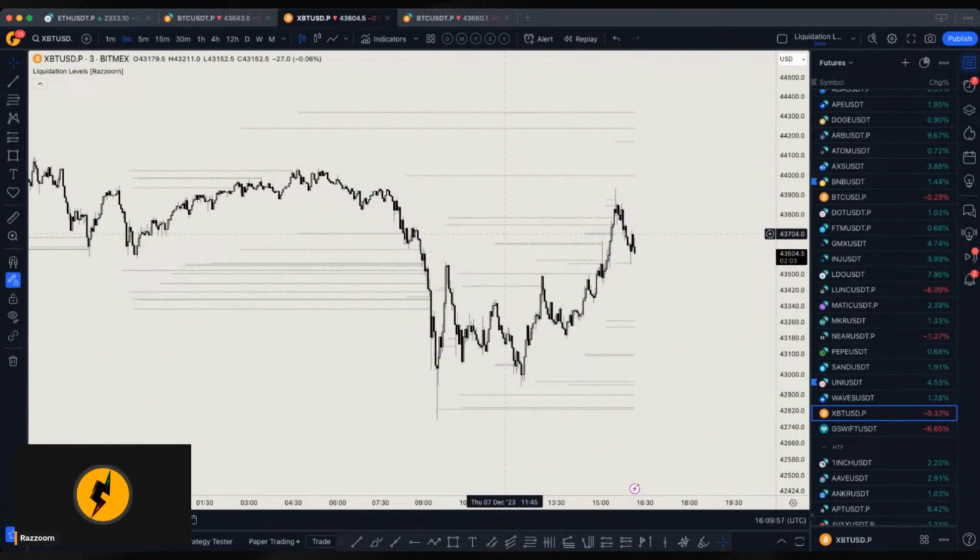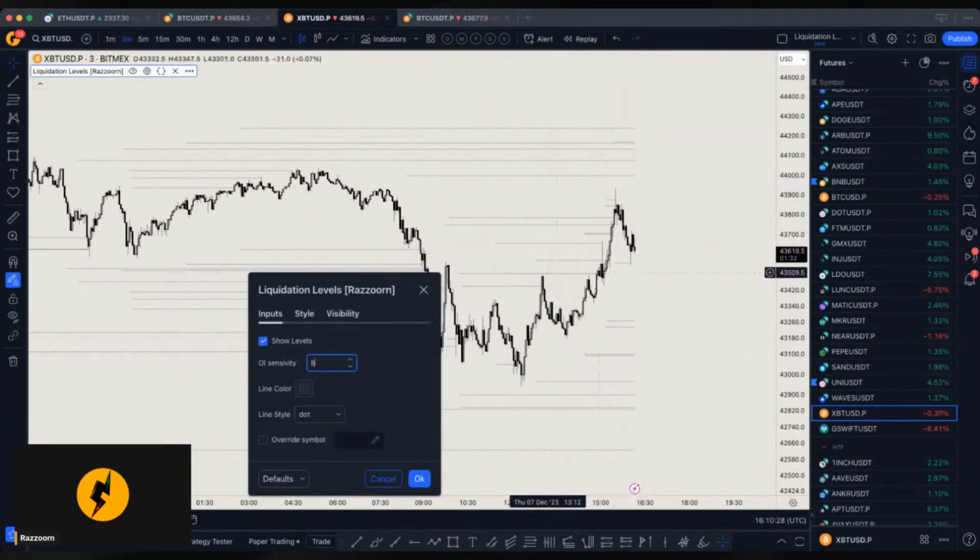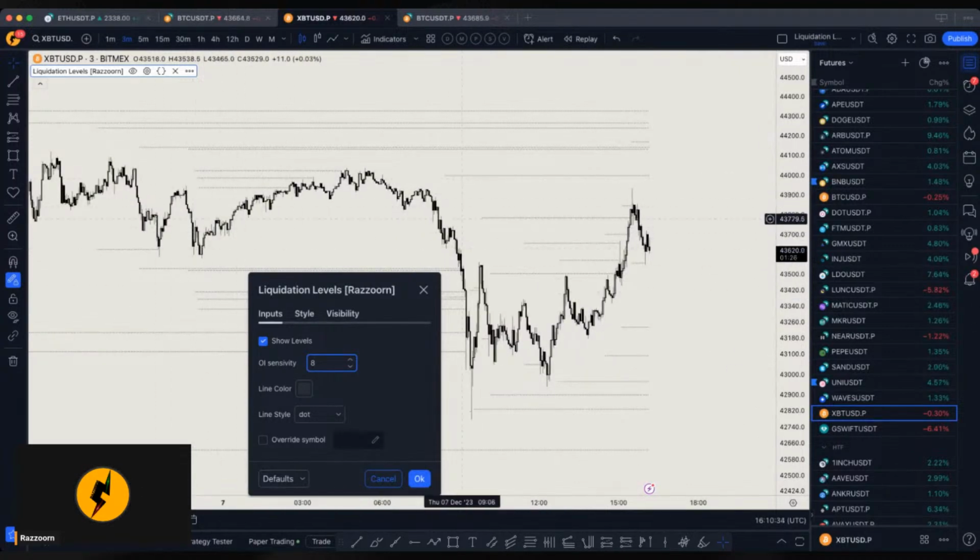Lately there are a lot of different tools that provide the liquidations heat map. But the thing about them is that, no offense, sometimes they look a little bit random, because you see something like this, and you don't even know if they're based on the liquidations or not, or they're random.